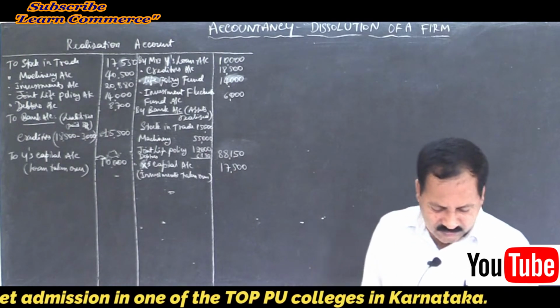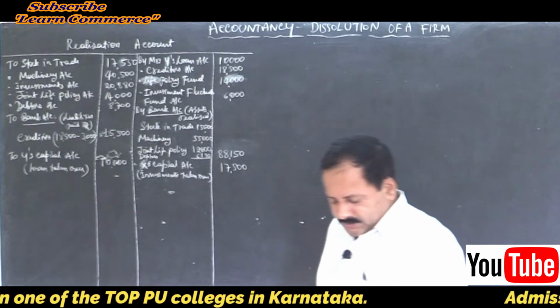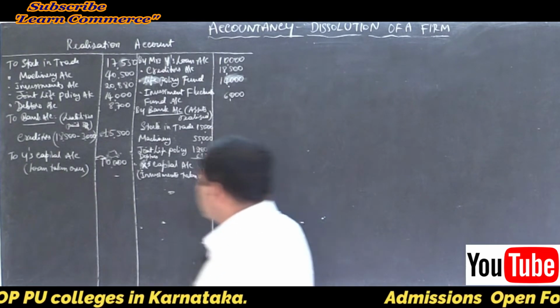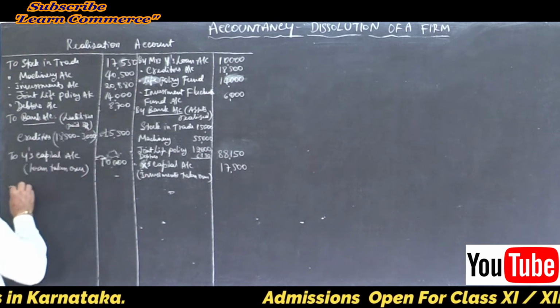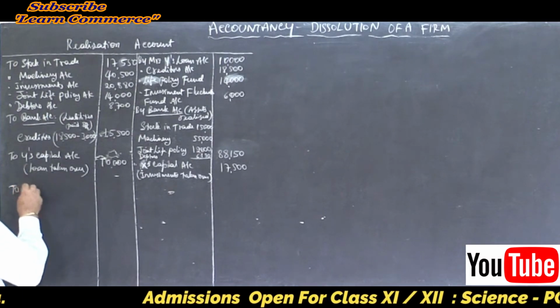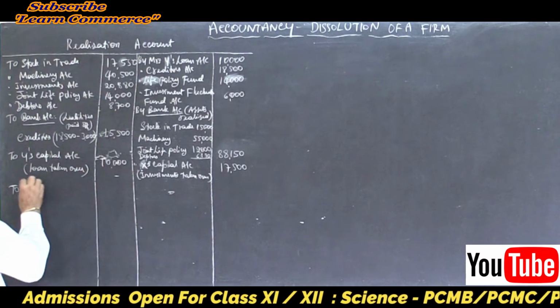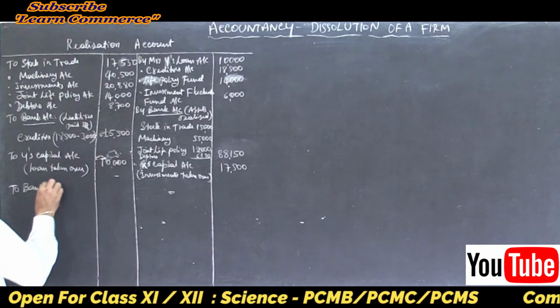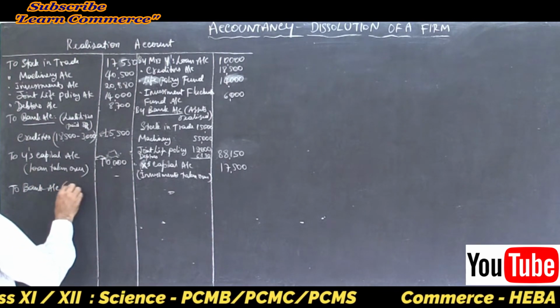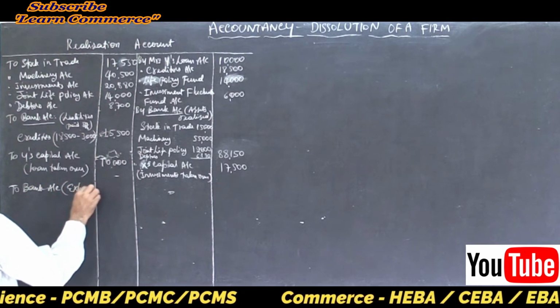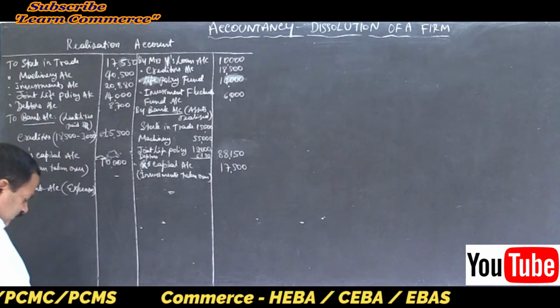Then realization expenses, so much 600, to bank account, expenses of realization, right?